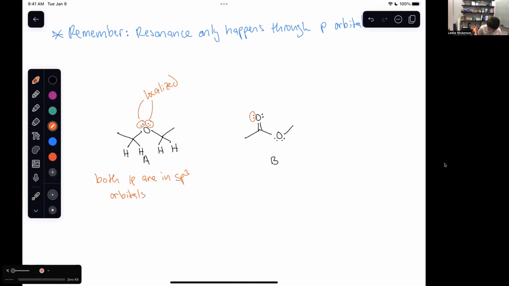The only direction I can really go is this way. If I do that resonance structure though, I will be expanding the octet of my carbon atom, which is not allowed. So you're going to run into the same issue for both of them. These are both localized.